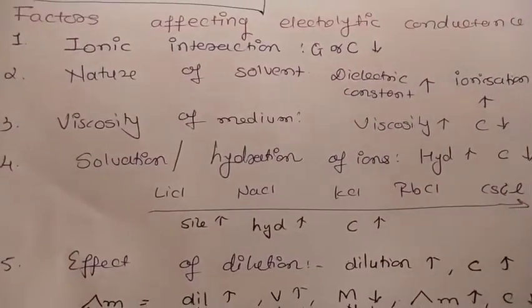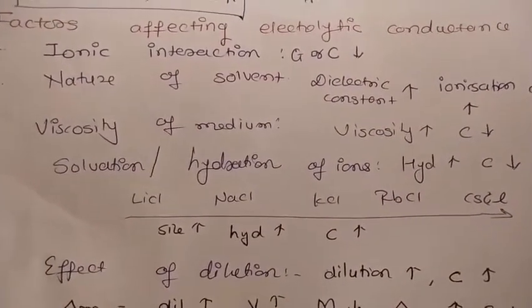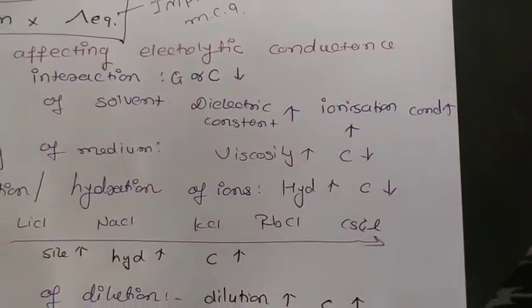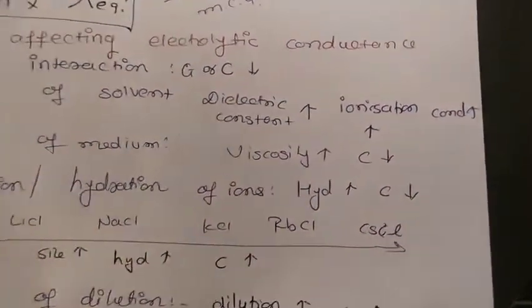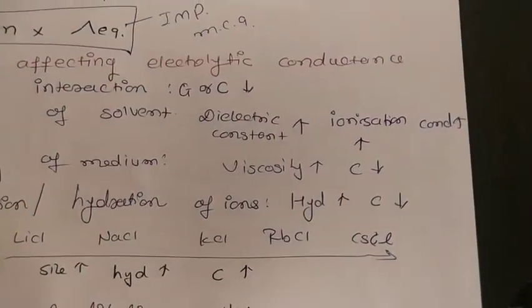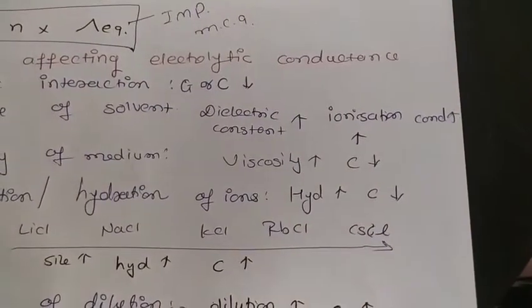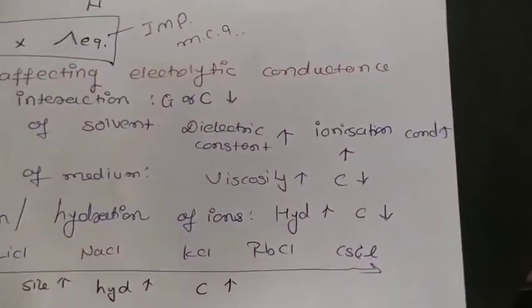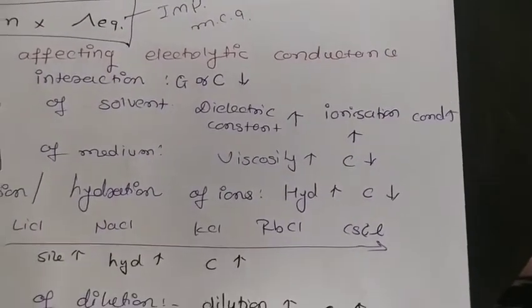The next thing is solvation or hydration of ions. If you dilute a solution, the volume increases but the molarity decreases. And if molarity decreases, the number of ions per unit volume decreases, so conductance will be less.